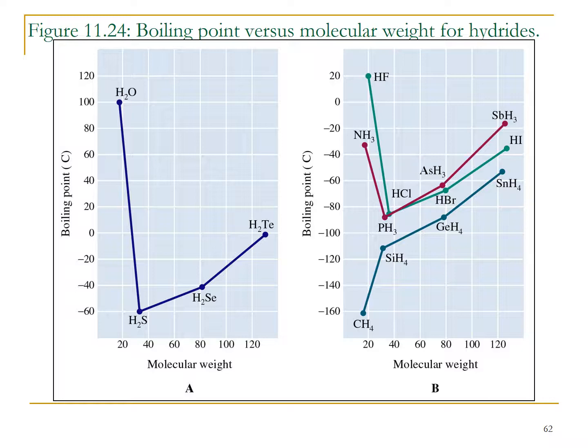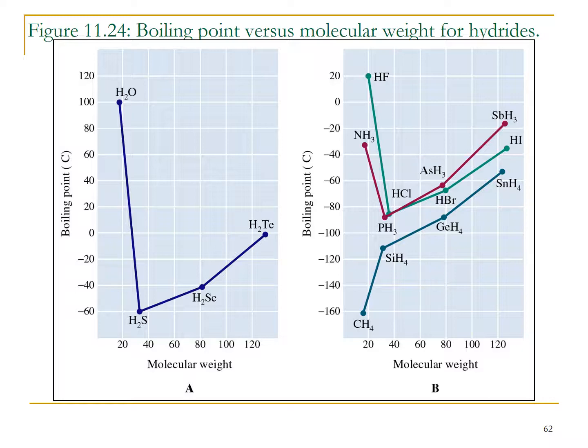And if you look at chart B, you can see the same trend. So if you look at the lowest line, you see the normal trend. CH4 is the smallest, so it has the lowest boiling point. And then SiH4 is a little bit higher. GeH4 is a little bit higher. SnH4. So that trend goes higher and higher because the molecule is getting bigger and bigger, and so the London forces are getting bigger and the boiling point is higher.